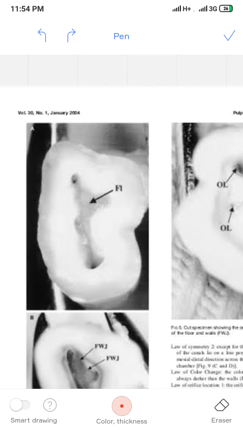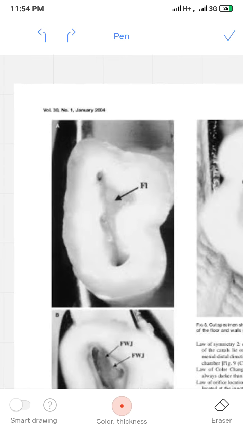Well, the thing is, remember that first of all you have to find the major canals, that is the big ones. So if you're working on a lower first molar, you will have to find those two mesials and one or two distals. Those will be the major canals.